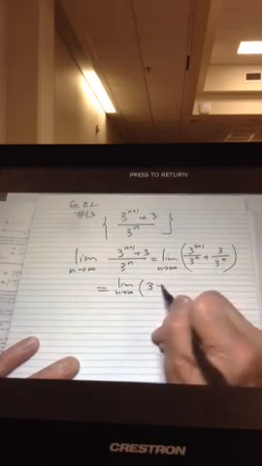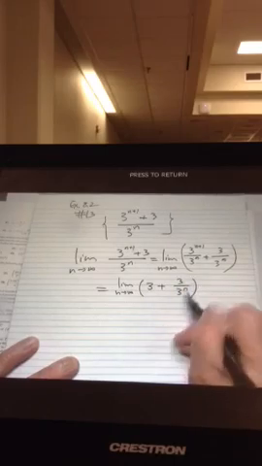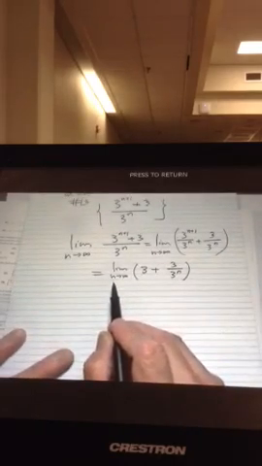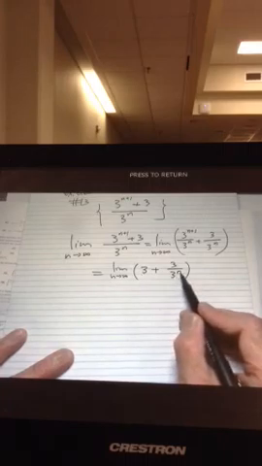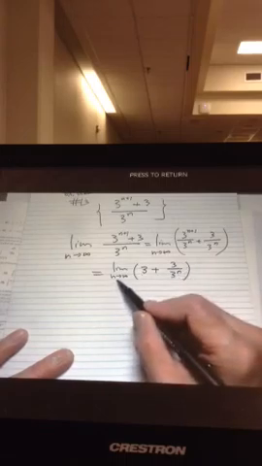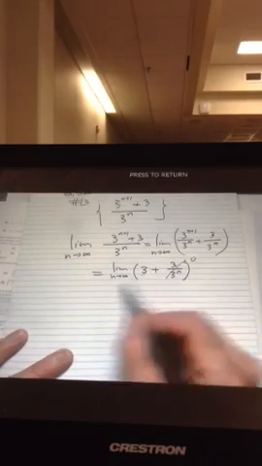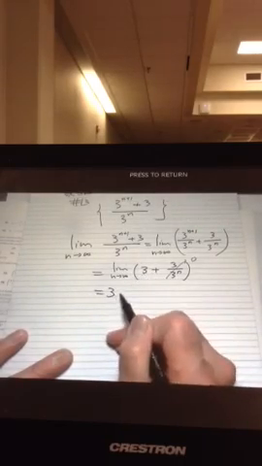The second one is 3 over 3 to the n. When n goes to infinity, 3 to the n goes to infinity, and 3 divided by 3 to the n goes to 0. So this term goes to 0, and the only thing left is 3.